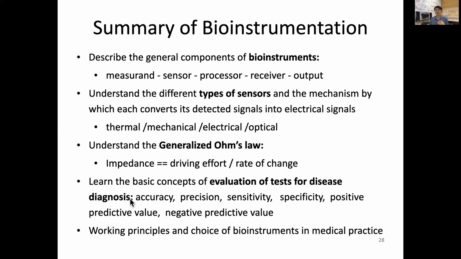All these are very important when we develop this and commercialize it for physicians or end users, patients can use. And we discussed working principles and choice of bioinstruments in medical practice.